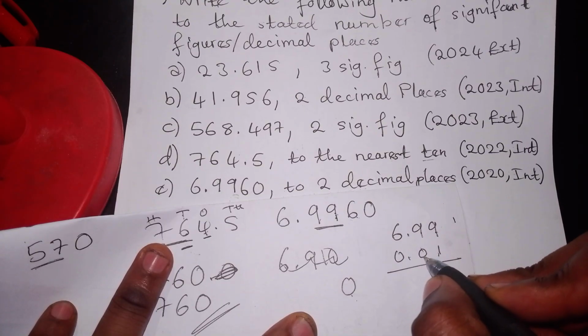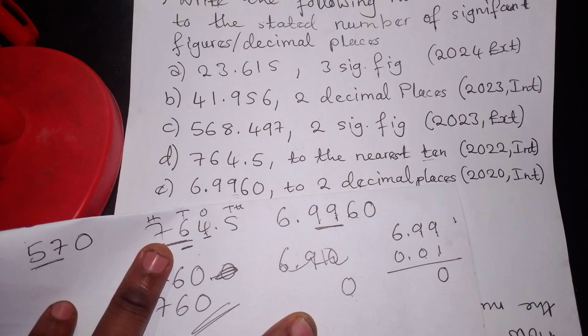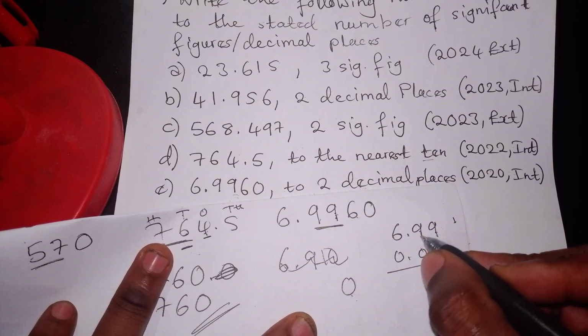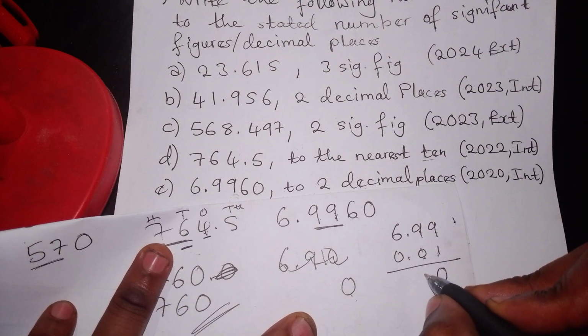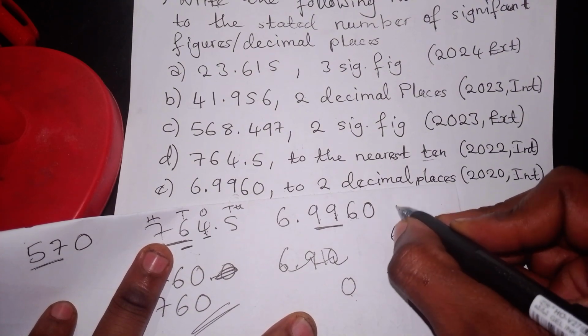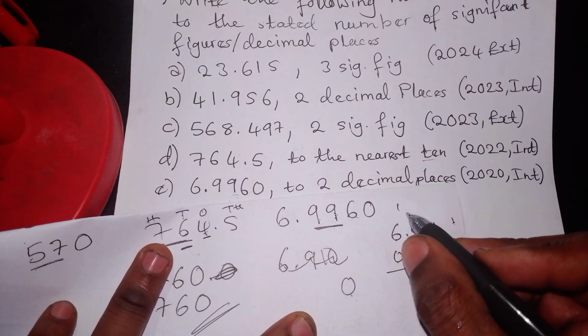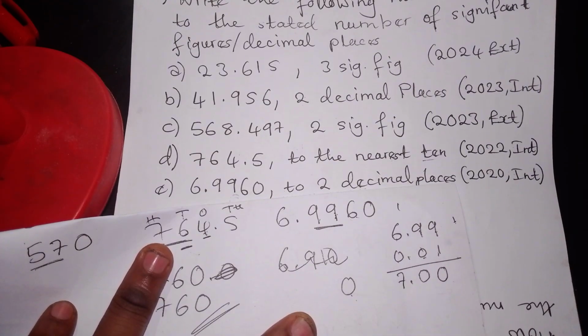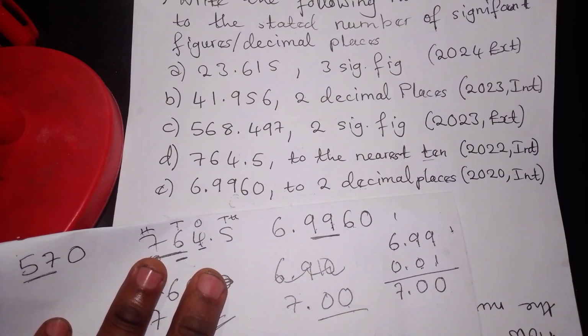When you add the 1 to the 9, you have another 0, because 9 plus 1 is a 10. So you can say 0, you carry 1. And then 6 plus 1, that's a 7. So this would be 7.00, correct to 2 decimal places.